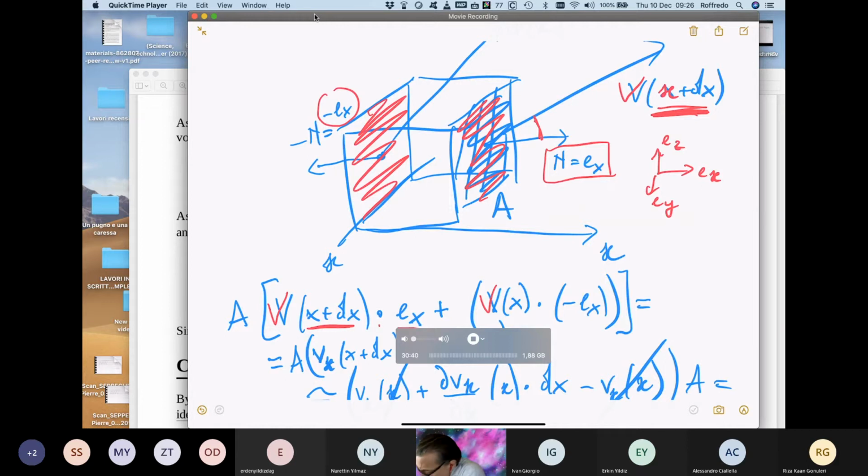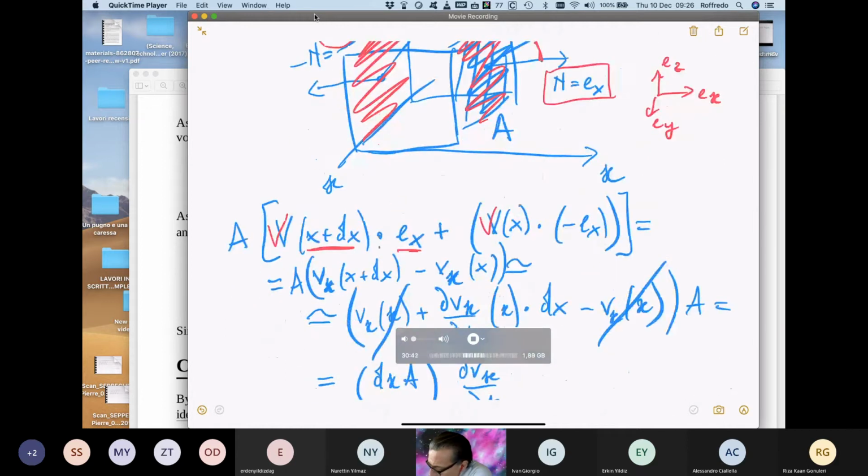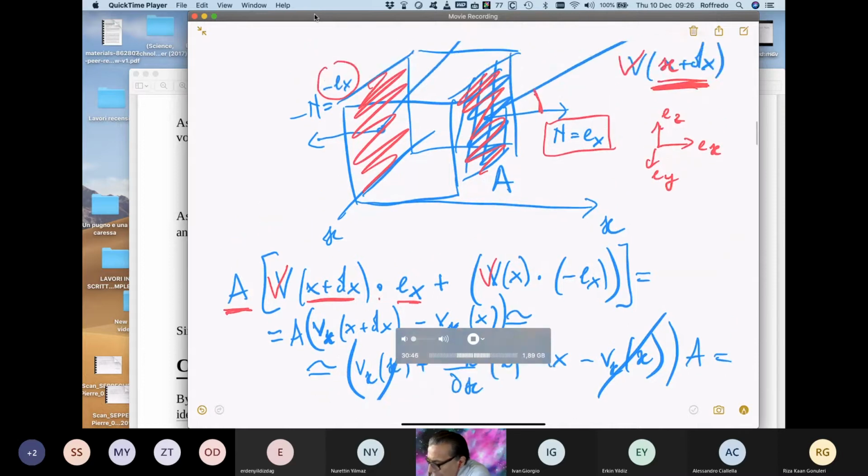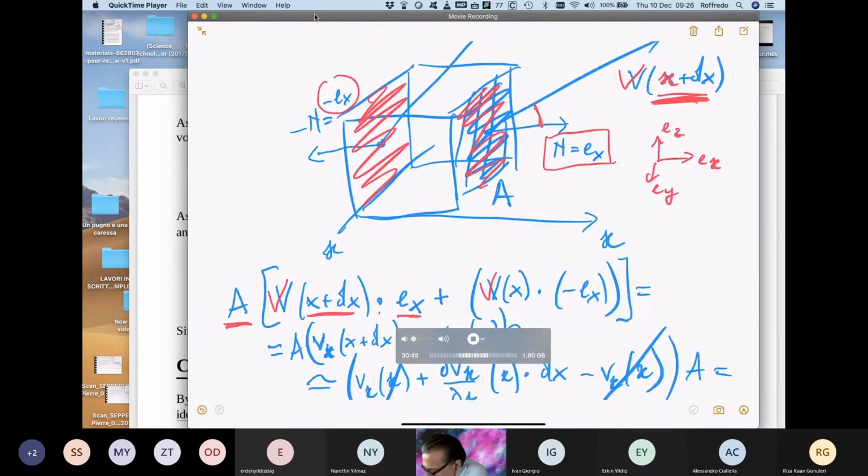Okay. The area is the same because of the geometry and the fact that we have everything orthogonal.